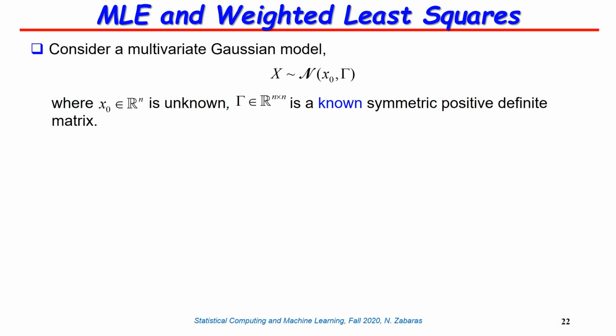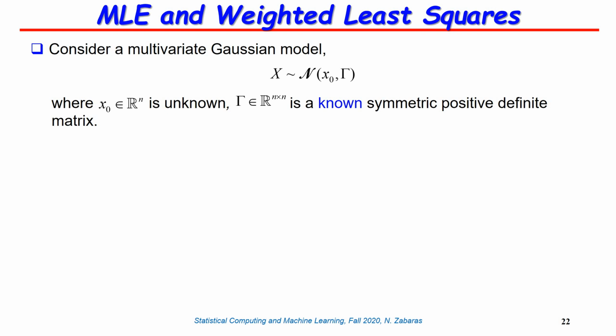So let me introduce a model, and I'm going to try not to discuss too much the motivation of this particular type of model, because we will see it in subsequent lectures.